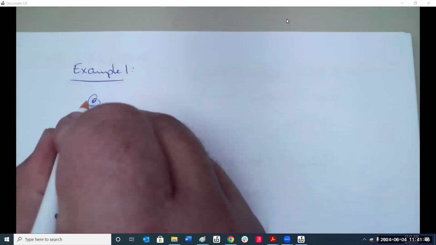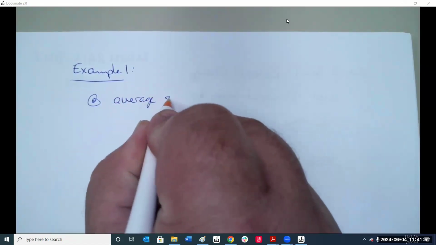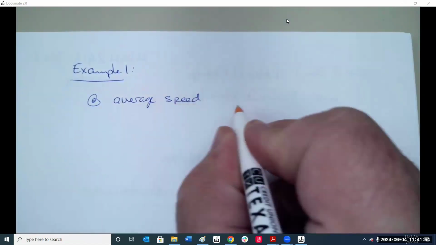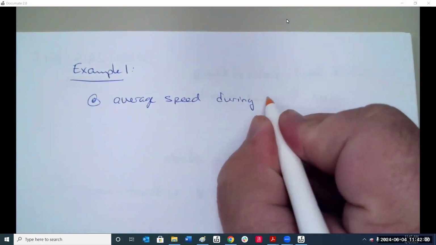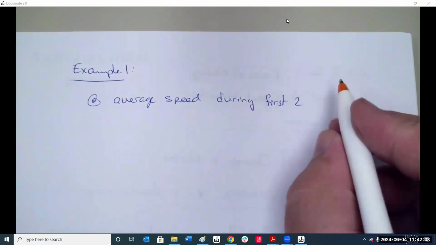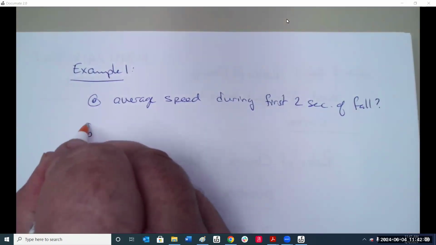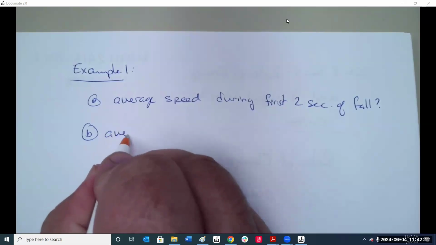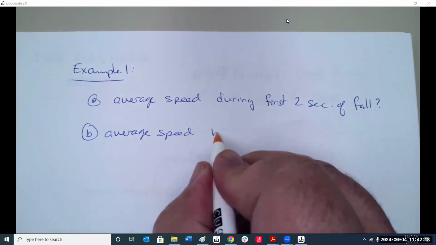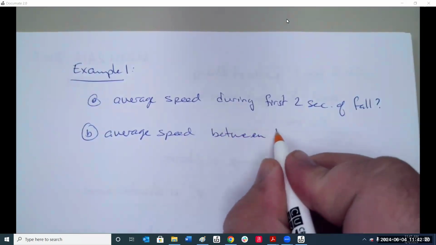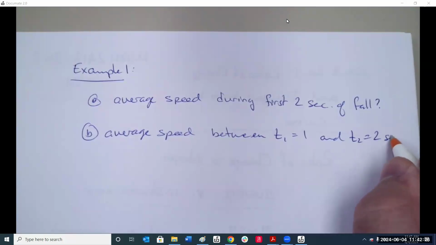So we're looking for two things: average speed during the first 2 seconds, and then between time 1 equals 1 and time 2 equals 2 seconds.